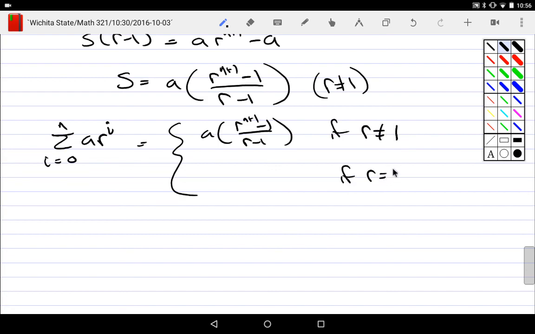But what would happen if R was 1? If R was 1, what's 1 to any power? 1. So that's not actually there. So what is this? A plus A plus A plus A plus A. How many A's are there? Multiplication is multiple additions, so how many A's have been added?